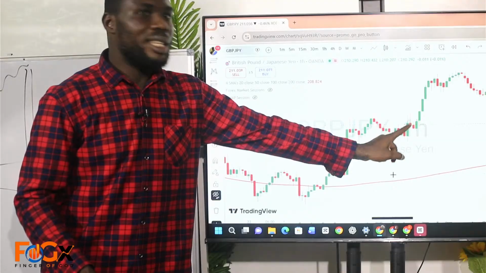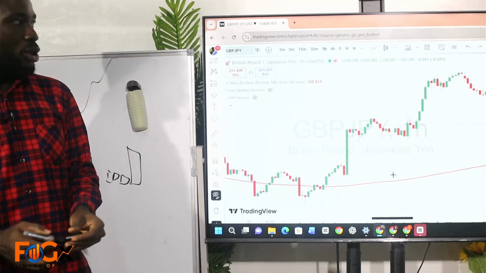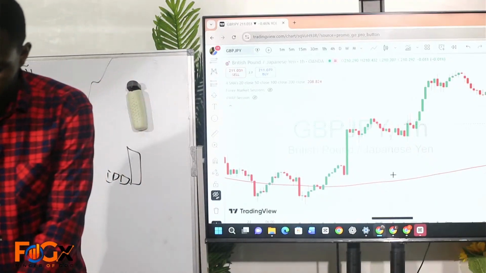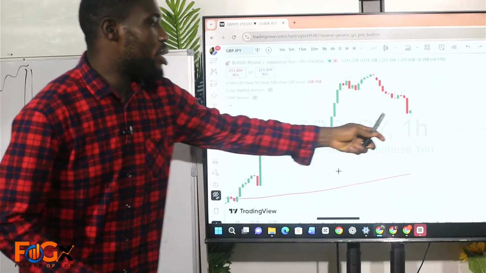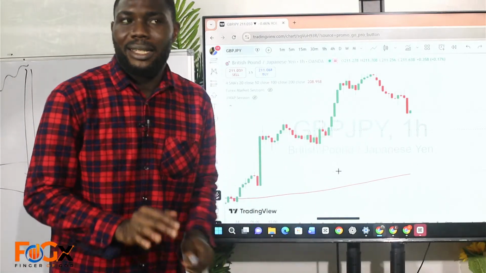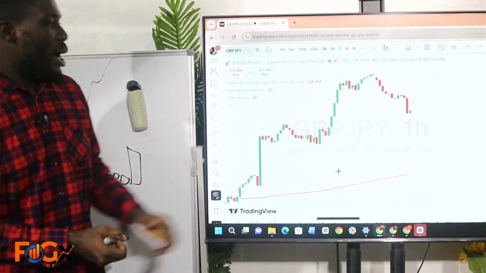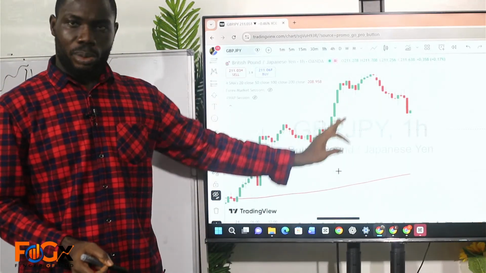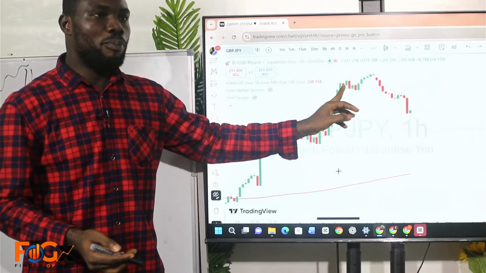Something like this is a signal that price wants to change. Since we are having multiple zones, we will want to see price come and start pausing.